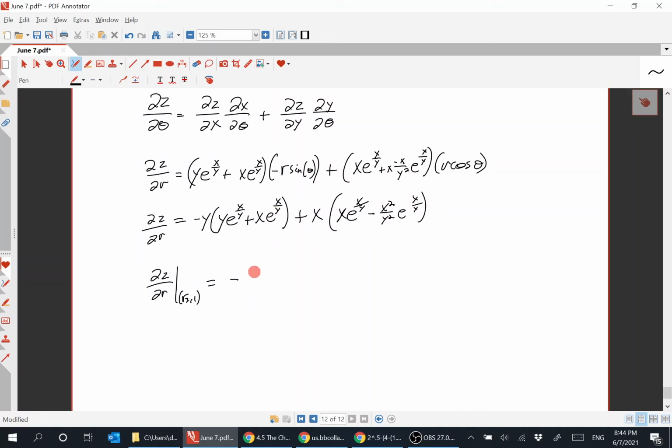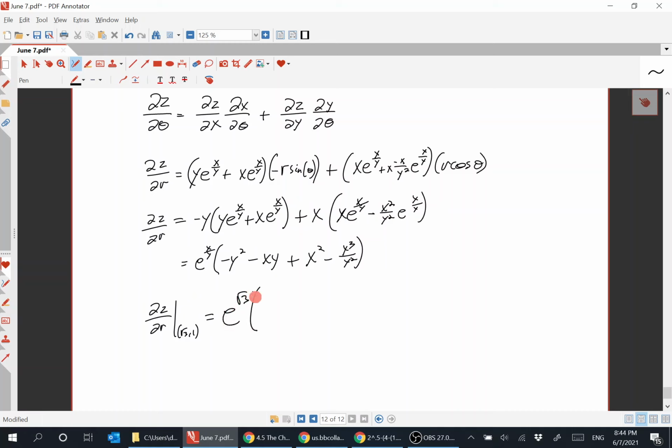Well, actually, let's do one more line. Let's factor out the e to the root 3 along the whole thing. So that's e to the x over y times minus y squared minus xy plus x squared minus x to the third over y squared. So we get e to the root 3.